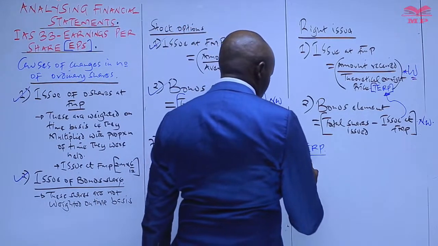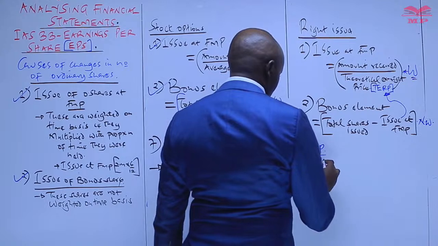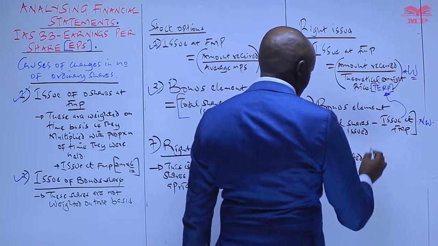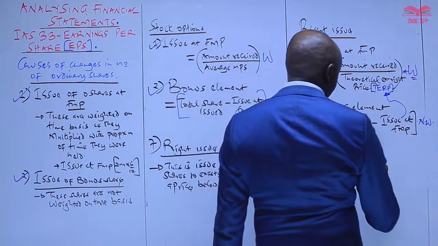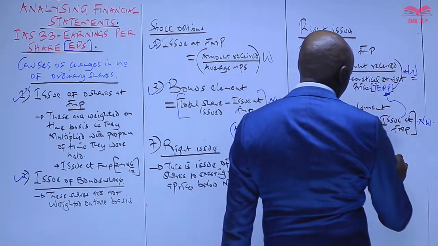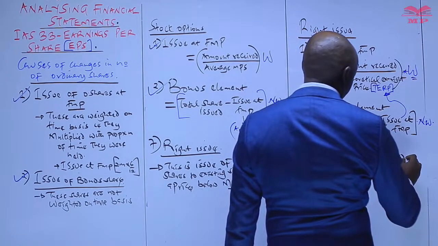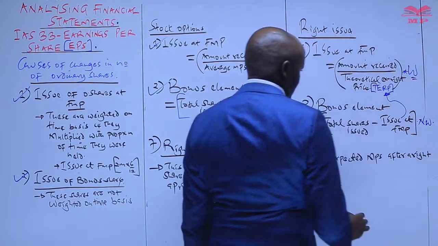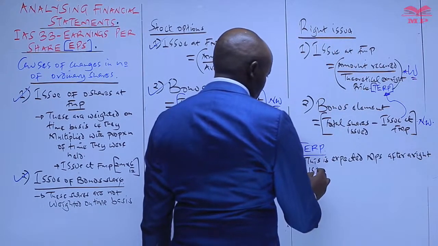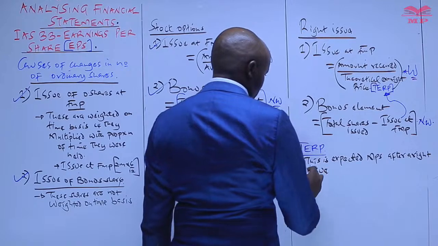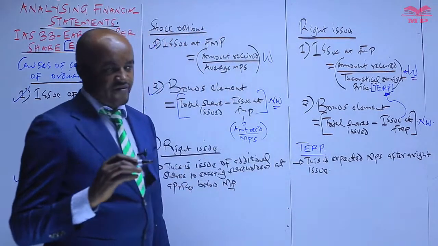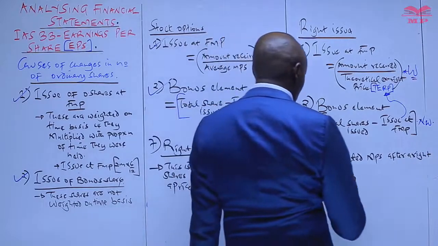So in very, very simple terms, this is the expected market price per share after a right issue. And equally, I've said this is a price which the examiner will not have given you. This is something you have to compute.